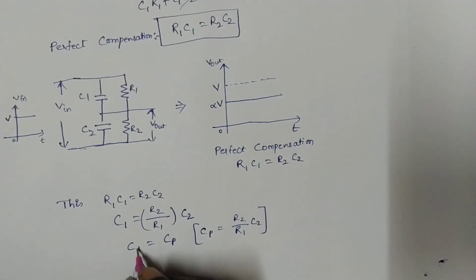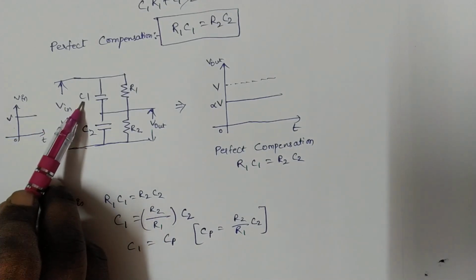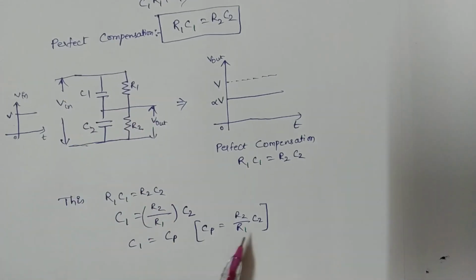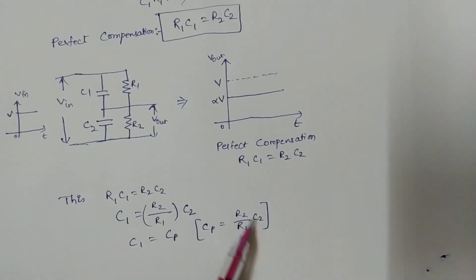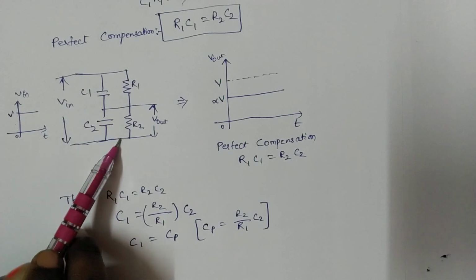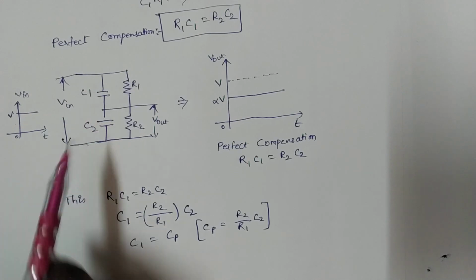Whenever the value of capacitor C1 is equal to R2 by R1 into C2, these are the fixed values. We cannot adjust them. We have to adjust only C1 in order to compensate or balance this circuit.